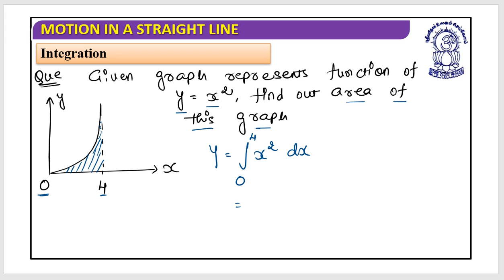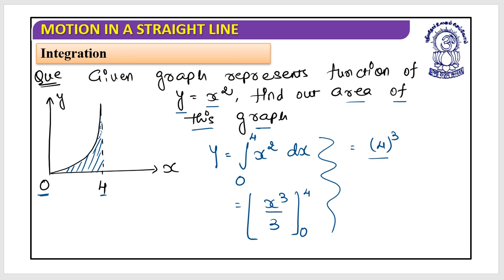So if I integrate x square, it should be x cube by 3, and the limits would be 0 to 4. So that should be equal to 4 to the power 3 divided by 3 minus 0 to the power 3, which is of no use. It's 4 cube, it's 64 divided by 3.